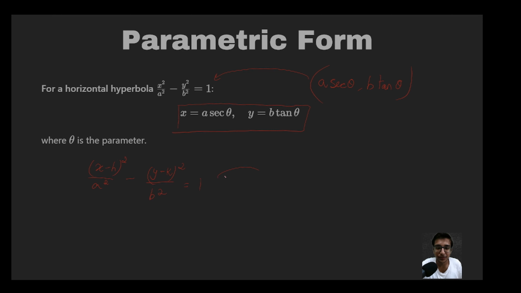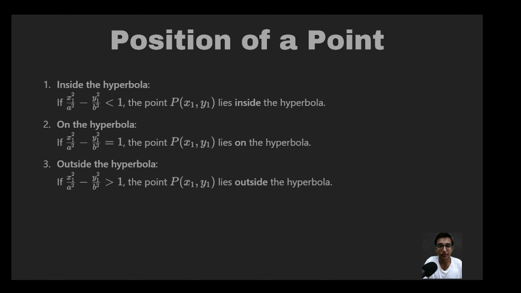Now if I was to write down the parameters for this, how would I write it? h plus a sec theta comma k plus b tan theta. If you try to satisfy it, of course k and k would get cancelled, h and h would get cancelled, a square would get cancelled, and sec square theta minus tan square theta, as we had studied in trigonometry, is equal to 1. So this is how the parametric forms of these equations are written.